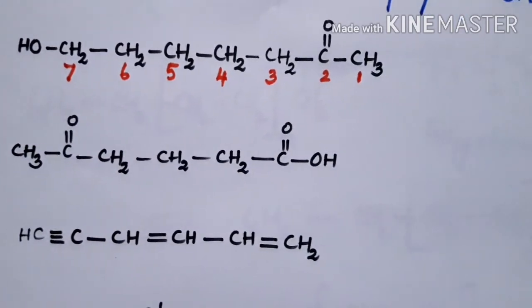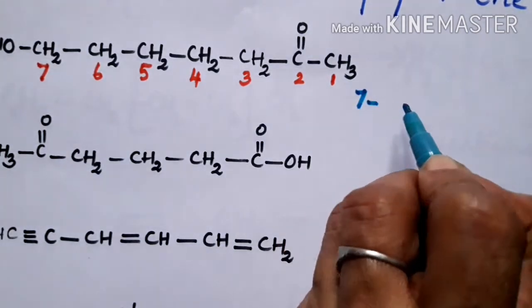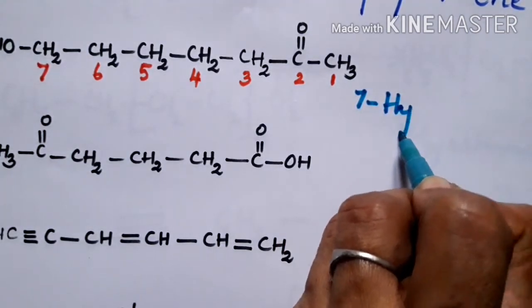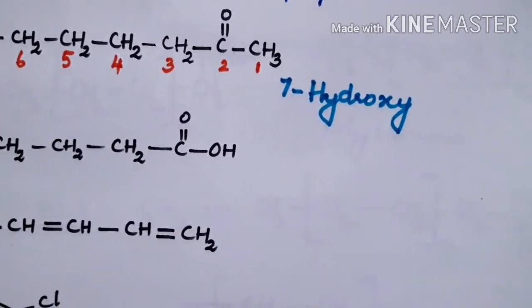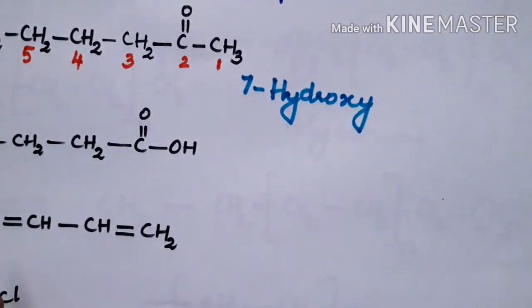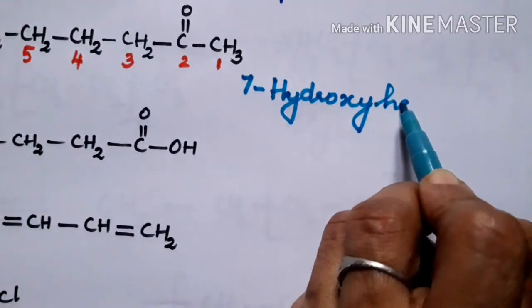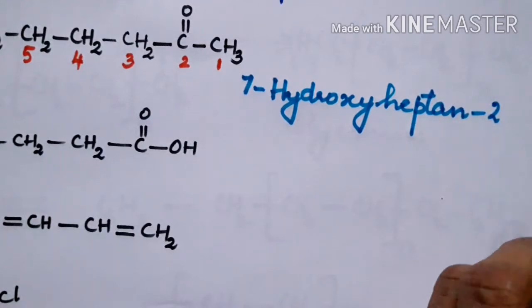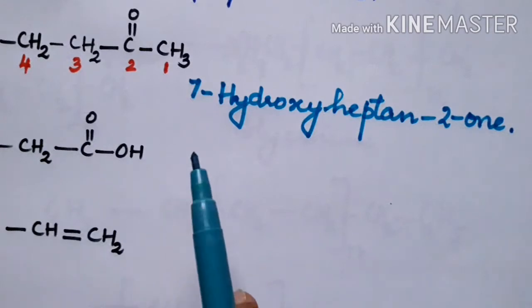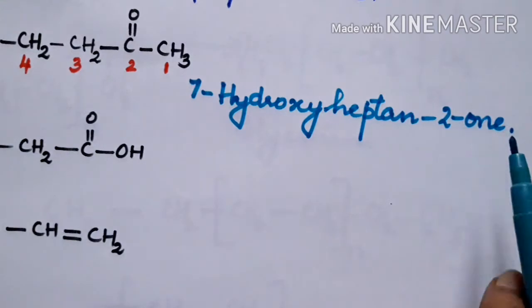The naming will go like this: 7-hydroxy heptan-2-one. So the naming will be 7-hydroxyheptan-2-one.